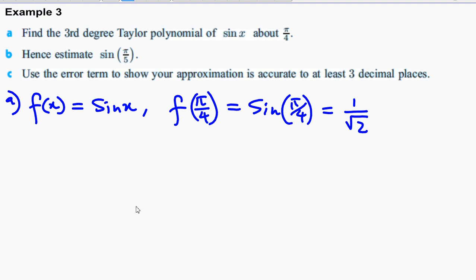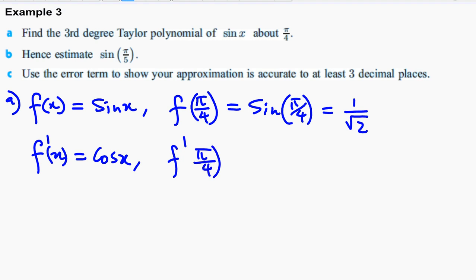And then f dash x will be equal to cos x. So the value of the first derivative of this function at x equals pi over 4 will be equal to cos pi over 4, which will just be equal to 1 over root 2.